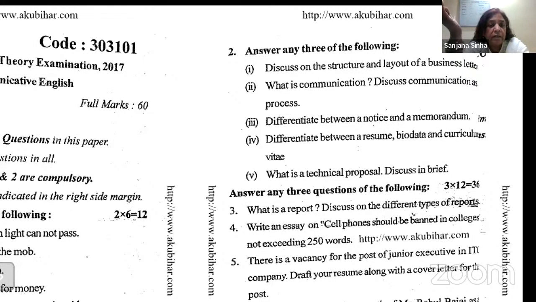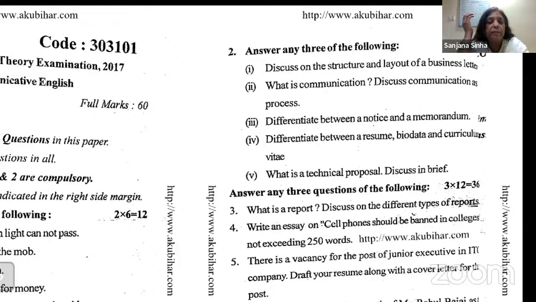It is an add-on of resume, and where resume should be compiled in one page, the curriculum vitae is for people who have experience, so it can have multiple pages wherein their entire course of life, whatever they have done in their life, their qualifications, their experiences, the different companies they have worked for, the details are there.